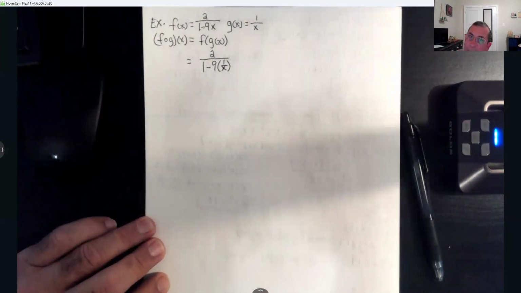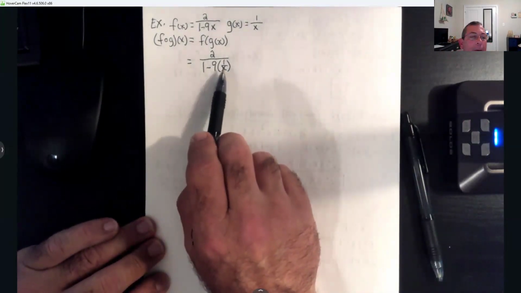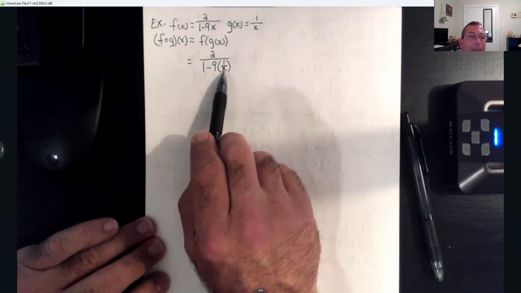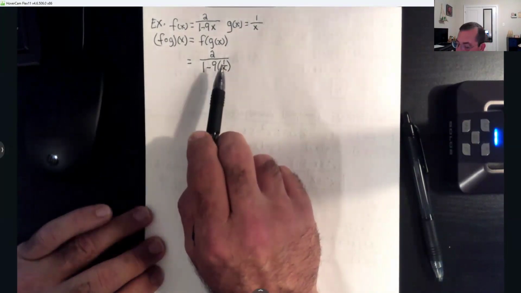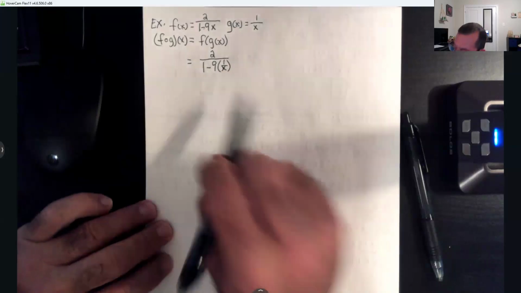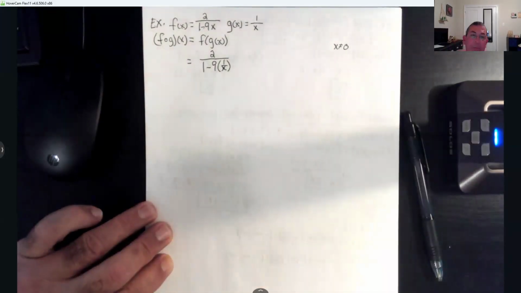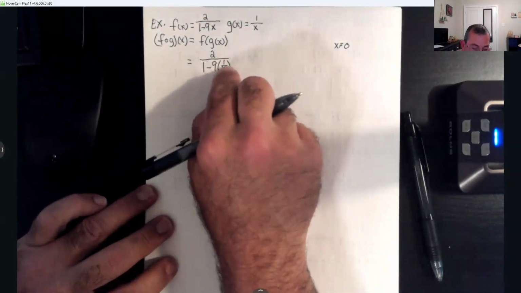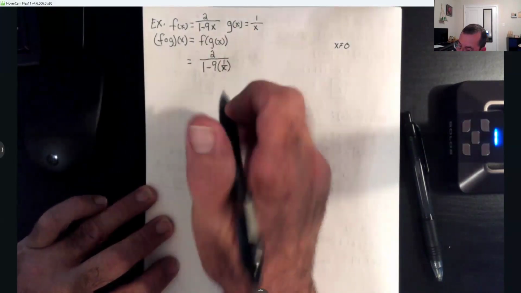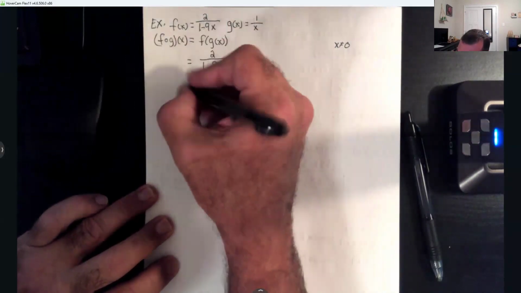Okay, now, later on when we think about our domain, what number can this not be? Because at this point right here, there's a number. Okay, good job. It cannot be 0 at this point. So remember, when we do our domain, at this point, we know x cannot equal 0 at the moment, okay? Now, y'all, let me show you how you would simplify this. The first thing I would do is multiply this fraction times the 9.